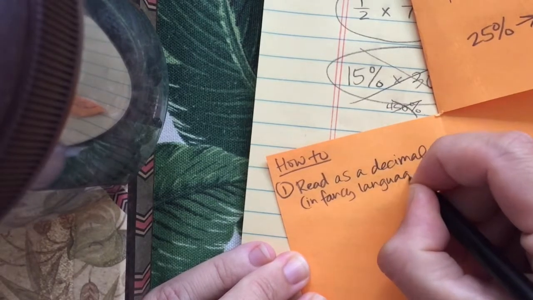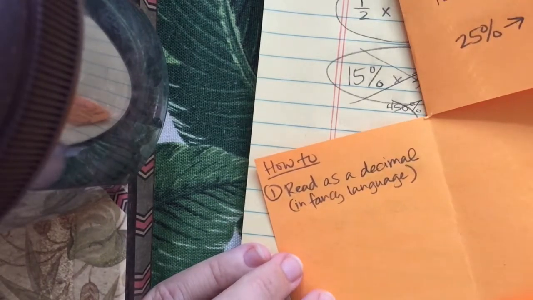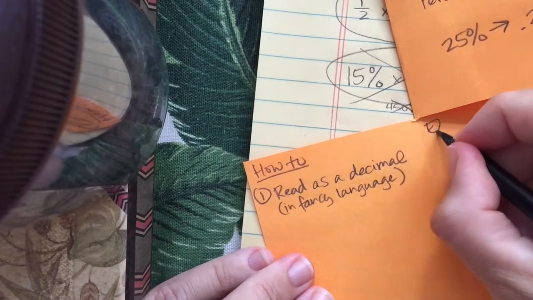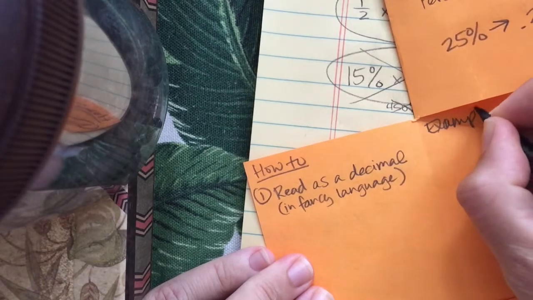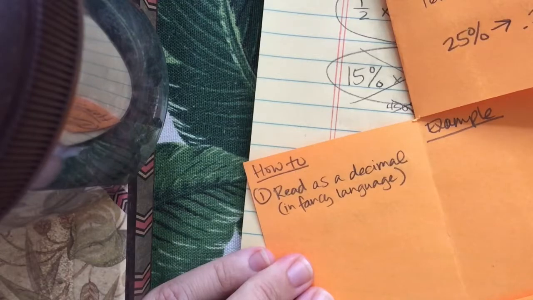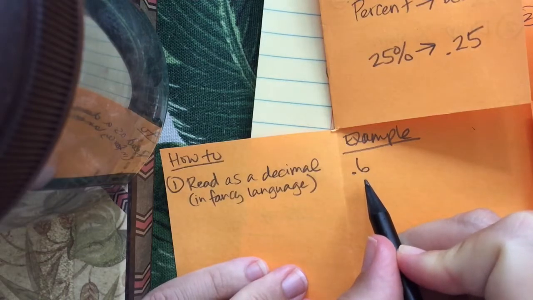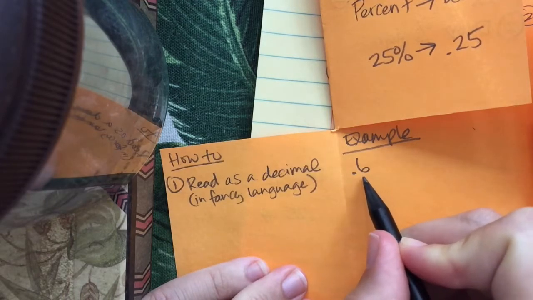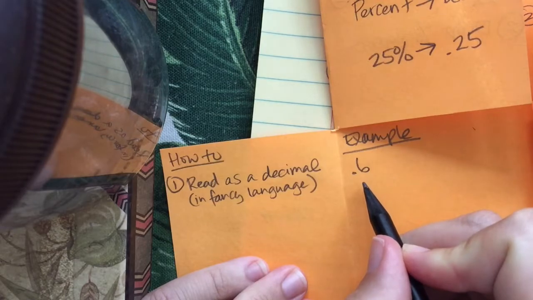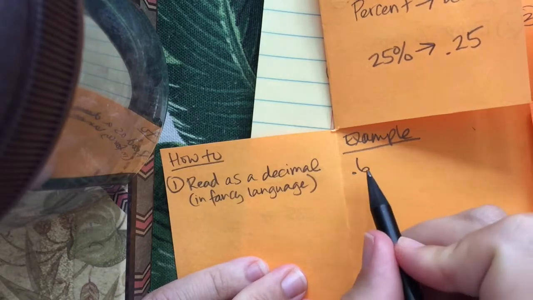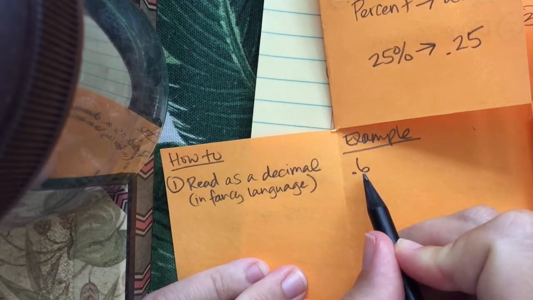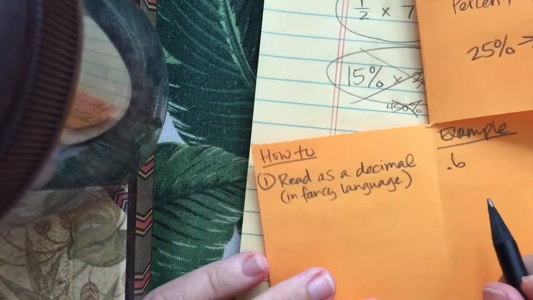So remember, we talked about place value before. So let's do an example over here so you can hear what I'm talking about. So if you had 0.6, do you remember how you would say this in your fancy decimal language? What place value is the 6 in? It's in the tenths place. So this would get read as 6/10, right?